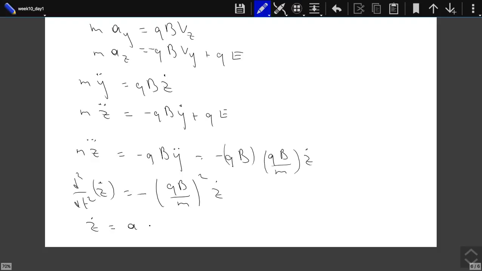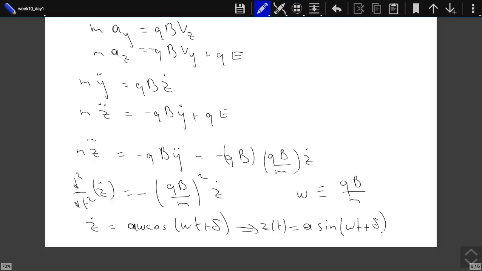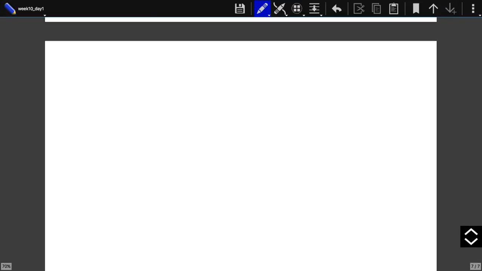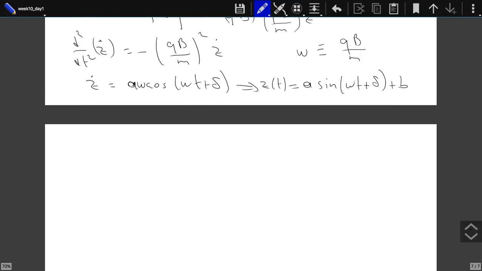So z dot should be equal to A omega times cosine of omega t plus delta, where omega I define to be QB over m. So if this is my z dot, then z of t will be A sine of omega t plus delta plus some constant b.